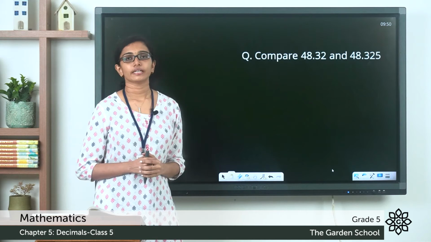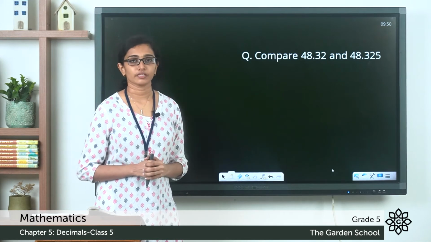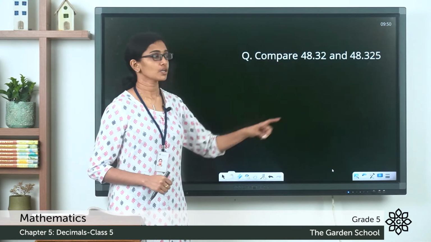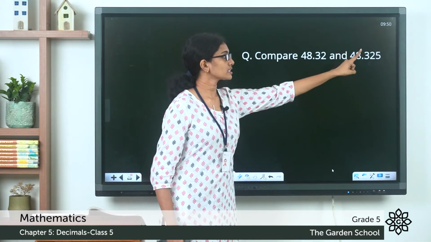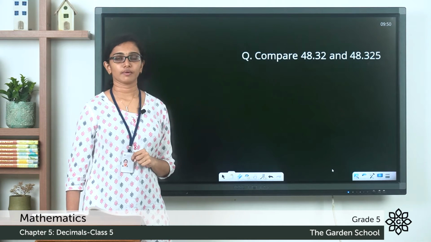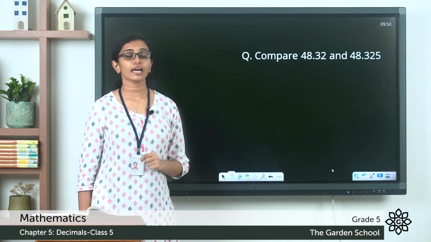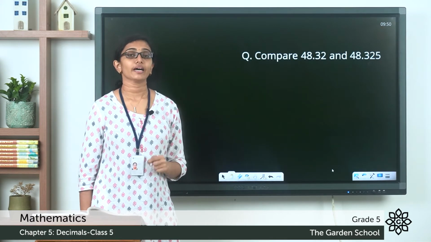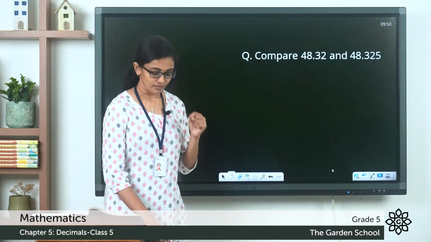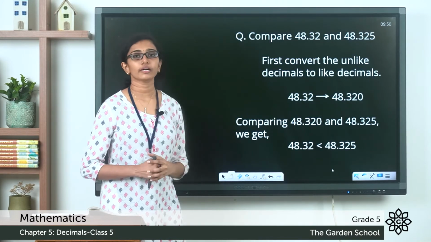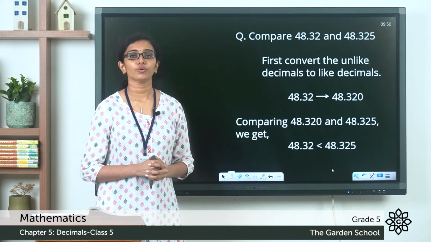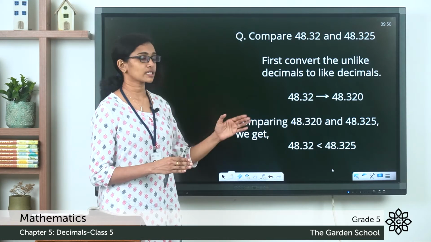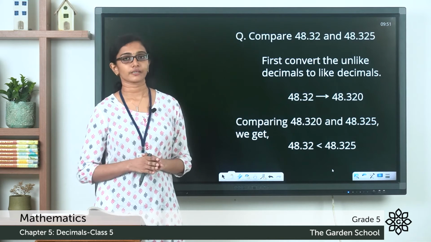Now, compare 48.32 and 48.325. Look at the given decimals. Are they like decimals? The first number has 2 digits after the decimal point and the second number has 3 digits after the decimal point. So they are unlike decimals. How do we compare unlike decimals? The first step is to convert the unlike decimals to like decimals by adding enough zeros to the extreme right of the given numbers.